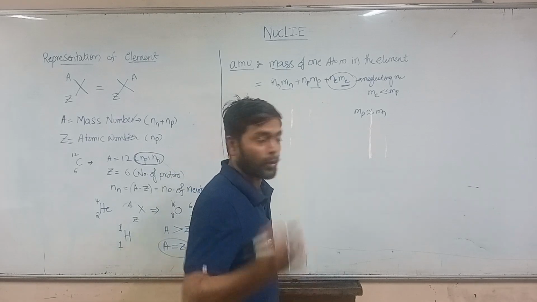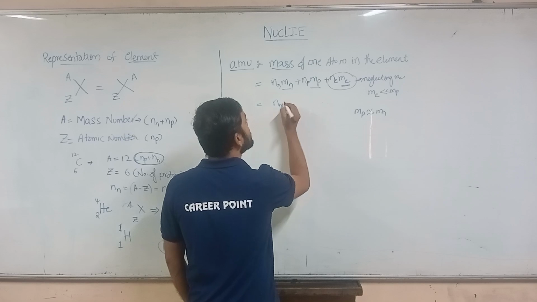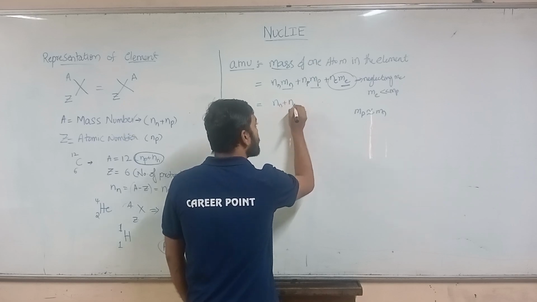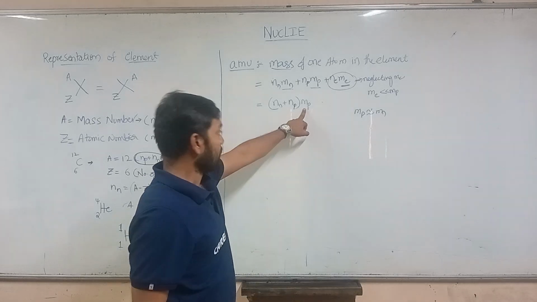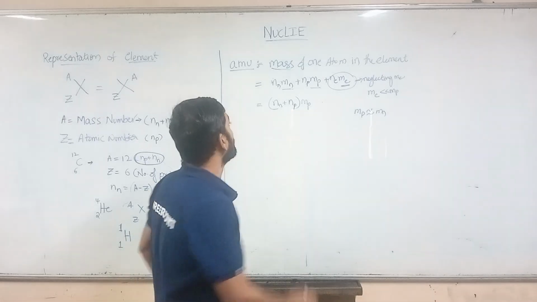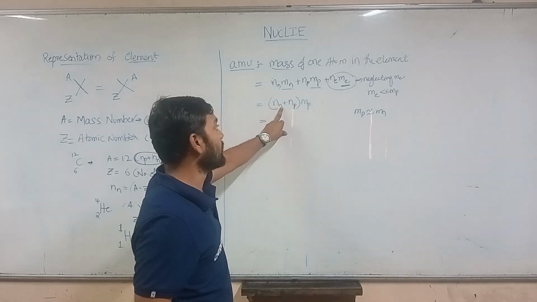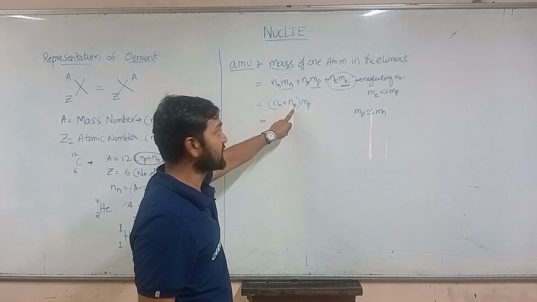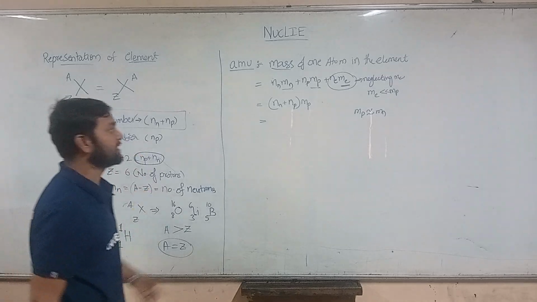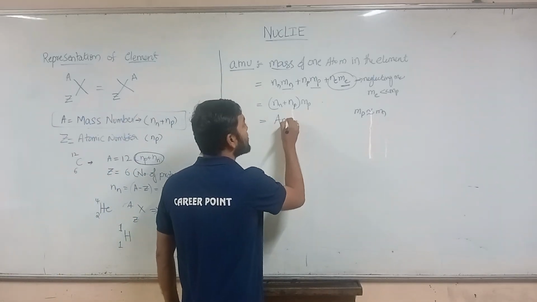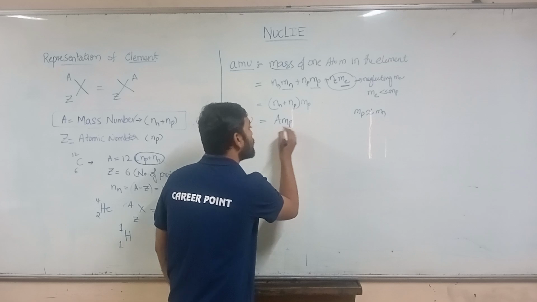So I would like to take the mass of proton as the common value. So n number of neutrons plus number of protons, taking Mp as common, gives the mass number, which is A. And the mass of proton is how much?